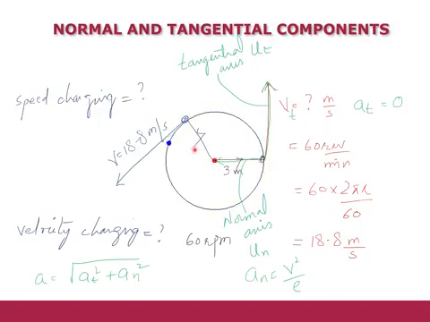The particle has only one component of the velocity, which is the tangential component, and it has two components of the acceleration: one is tangential and the other is normal. The tangential component is due to the change in magnitude, whereas the normal component of the acceleration is due to the change in direction, right?